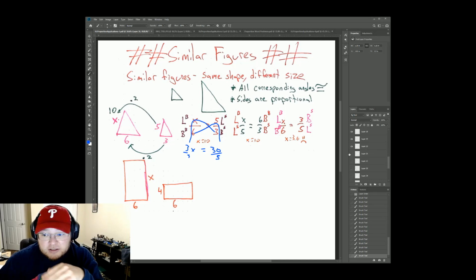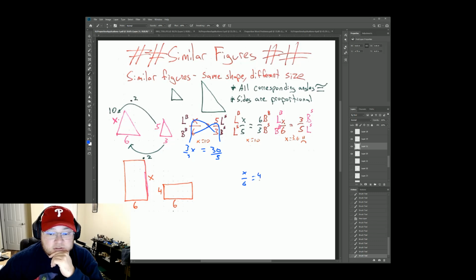This question, it's the same thing, right? You want to try to solve. What a lot of people might do, though, is they'll say, okay, well, it's x over 6, because it's x and 6, and then they could say 4 over 6.